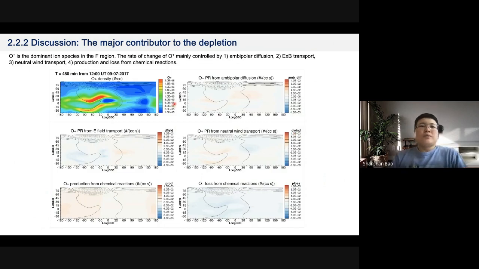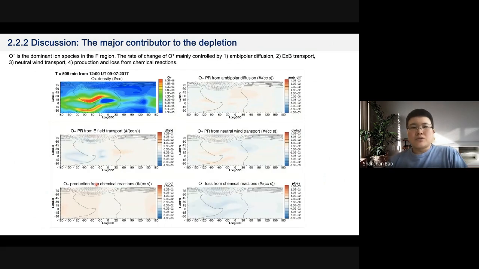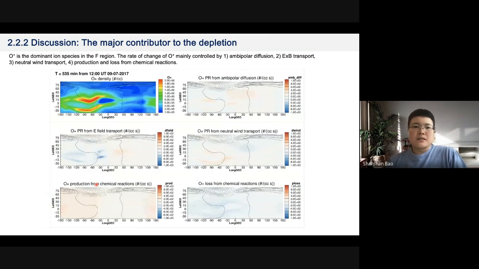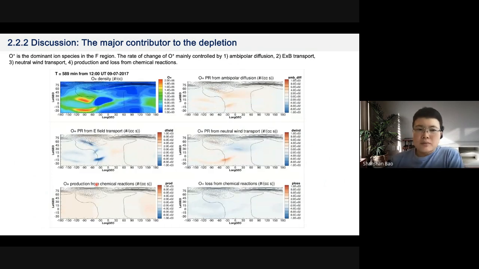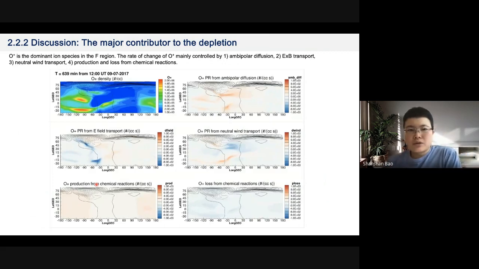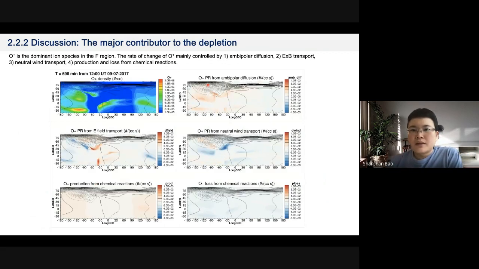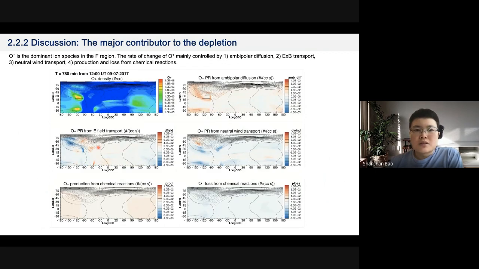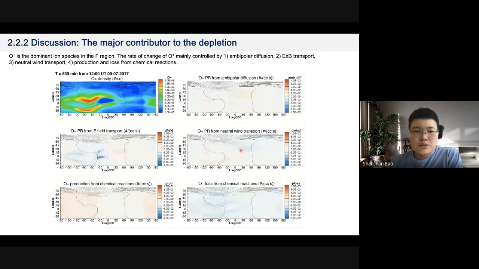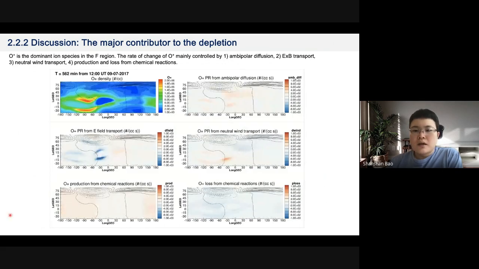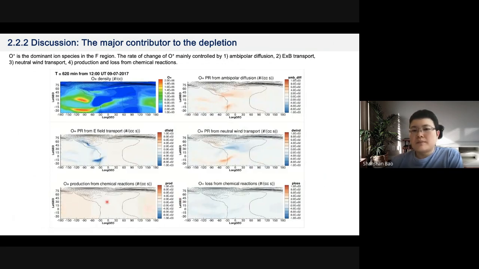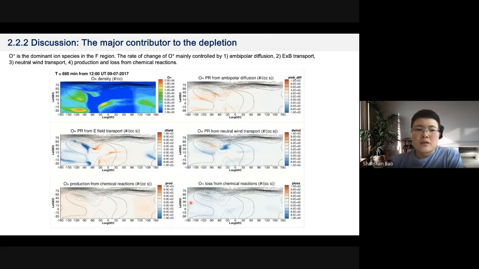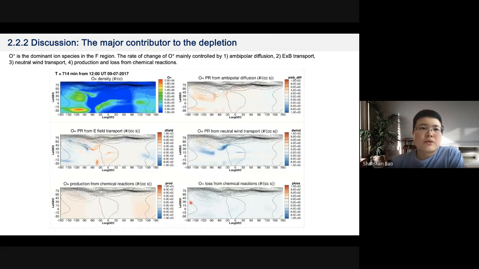Then we were looking for the major contributor to the depletion. We use a similar method to what Dr. Lu used in her SAPS study. We look at the O plus density as a proxy for the electron, and we can see this is ambipolar diffusion, this is E-cross-B transport, this is neutral wind transport, and the bottom is the O plus production and loss from chemical reactions.